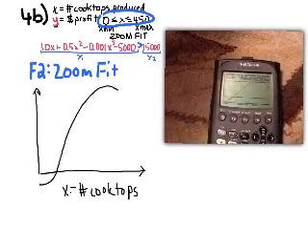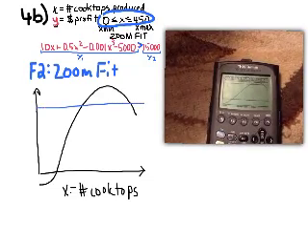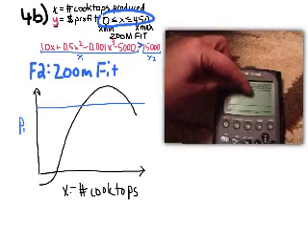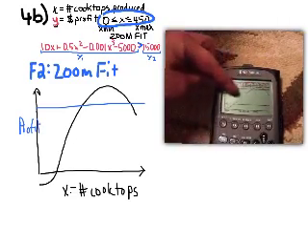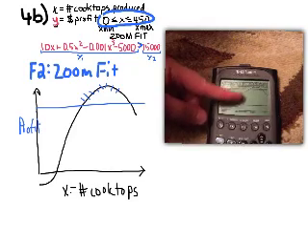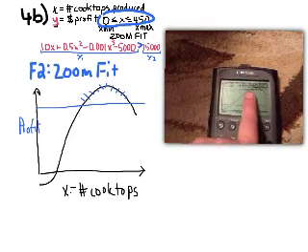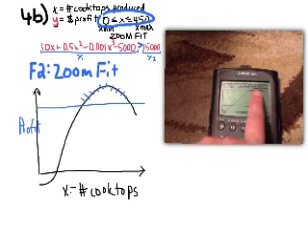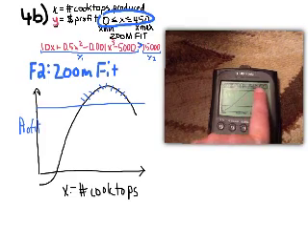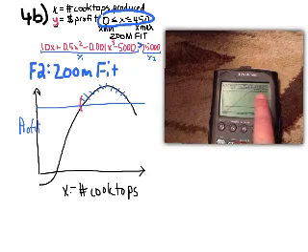And so what we want to remember is that we want to know when the profit is greater than 15,000. So above this line, it's more than 15,000, and below the line, it's less than 15,000. So what we want to do is find these intersection points, and we know that the answer is going to be between this and this.